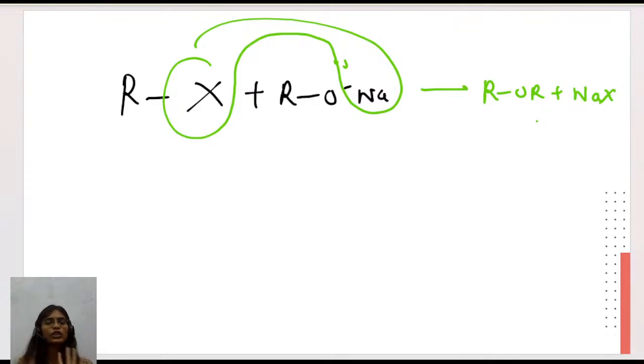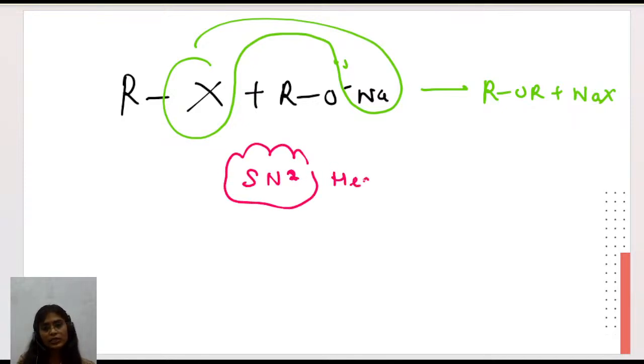First of all, this is a general reaction for you. Now, this reaction is going to follow the SN2 mechanism. Be noted, in this case we follow the SN2 mechanism, which means only the less bulky substituent is going to participate. We are not going to use the bulky group here.